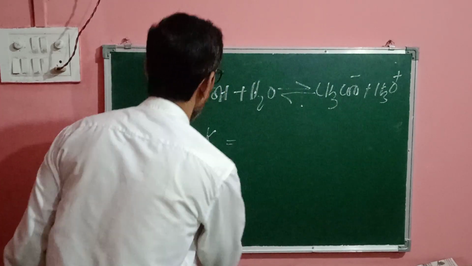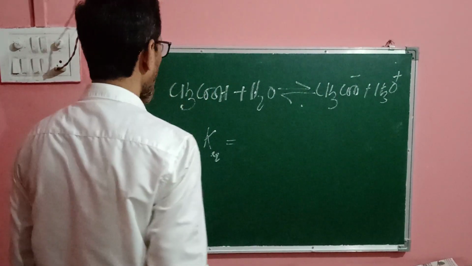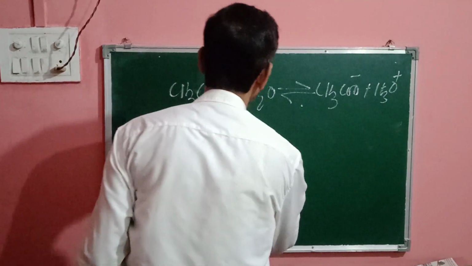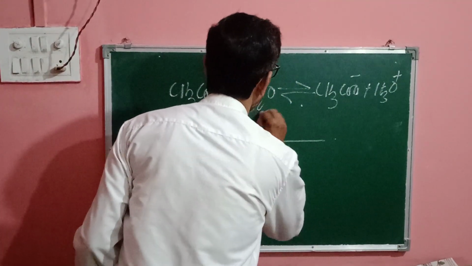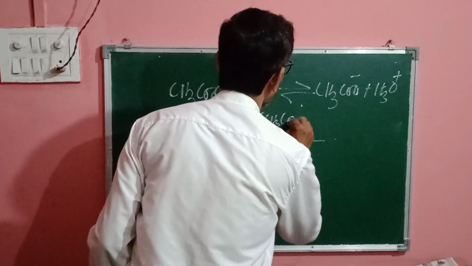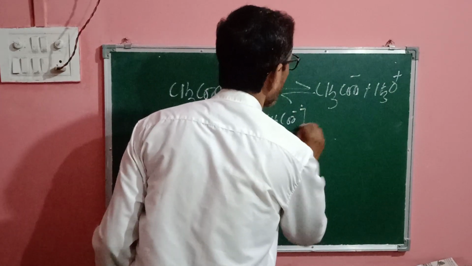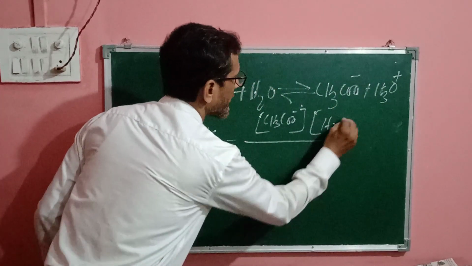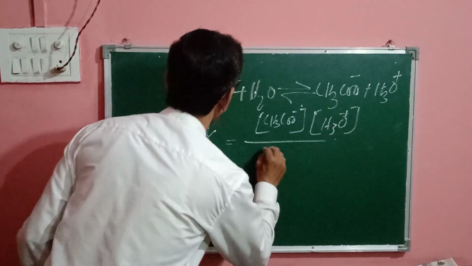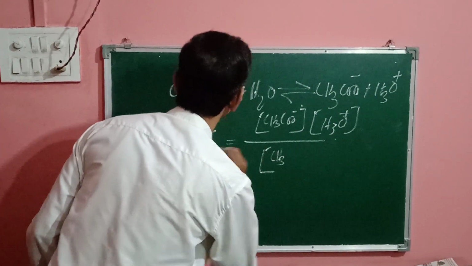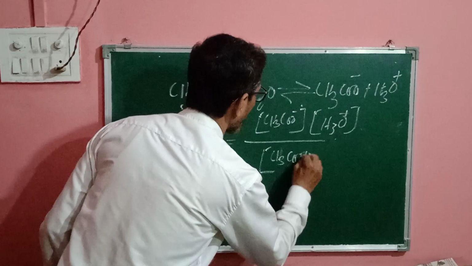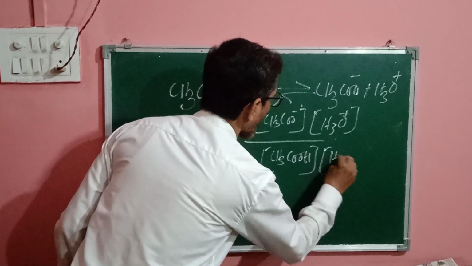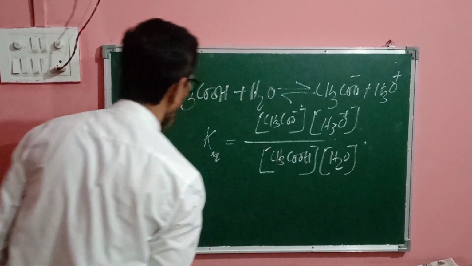K of A, K is equal to the equilibrium constant: concentration of CH3COO negative times H3O positive divided by CH3COOH and water.